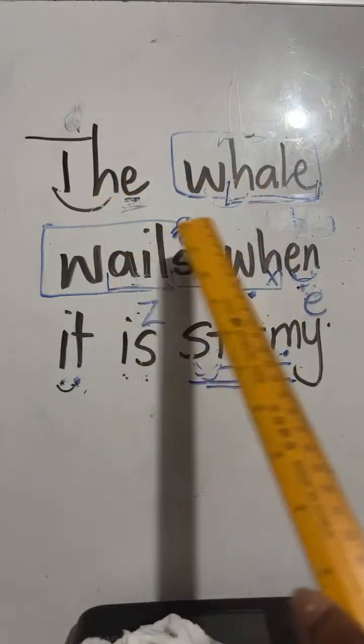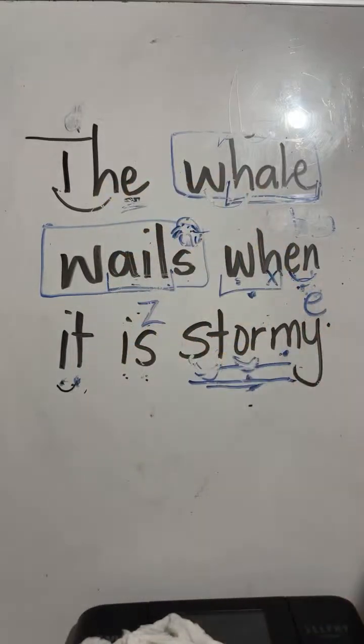The whale wails when it is stormy. What do you think about that? Remember, we're trying to put more emphasis on the word. Do you think we have that together? Should we practice it one more time?